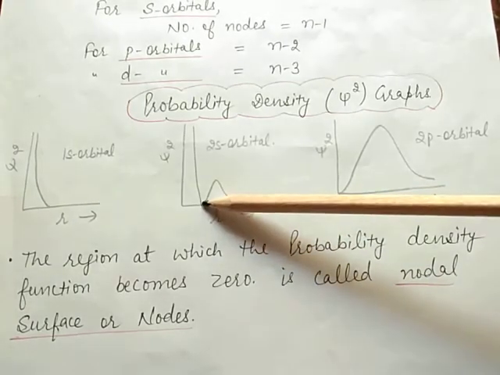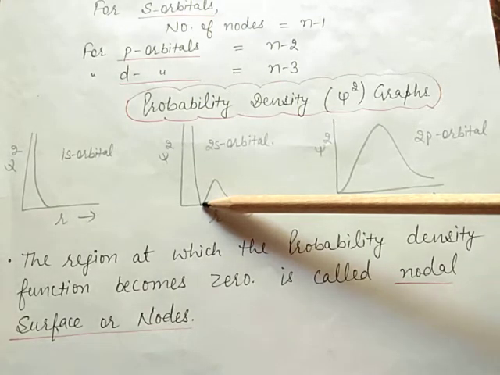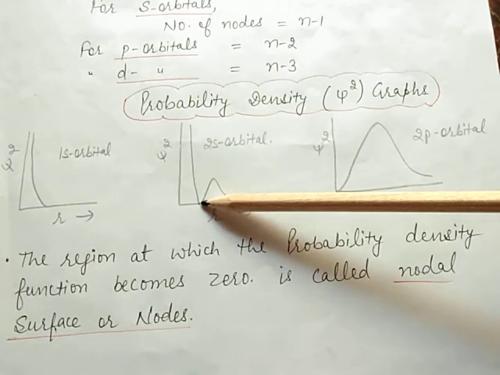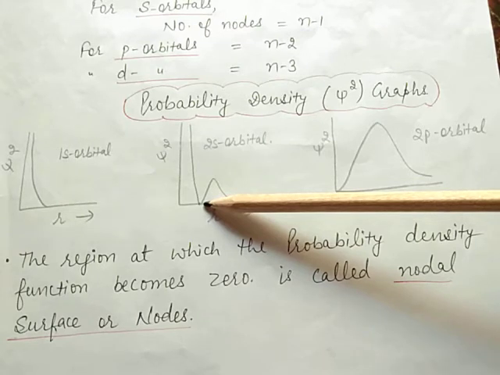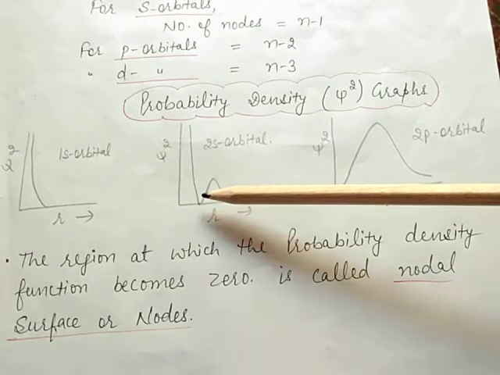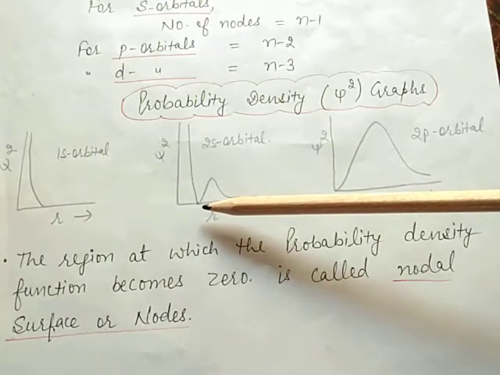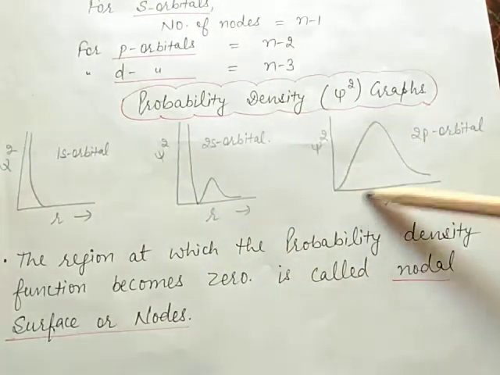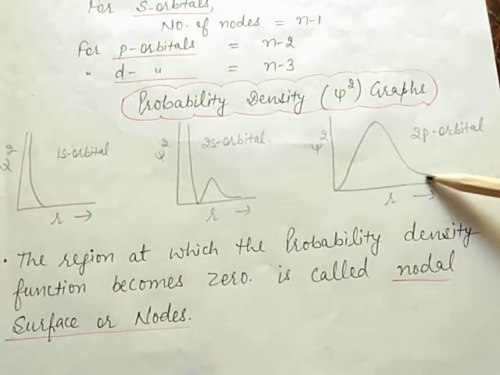This is the point where the probability density function becomes 0. This is called nodal surface or nodes. All the orbitals except s orbitals have zero electron density at the nucleus. In case of 2p, there is no node. It means first increases to maxima and then decreases.